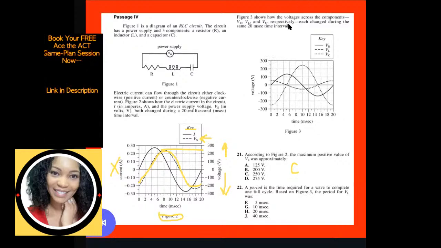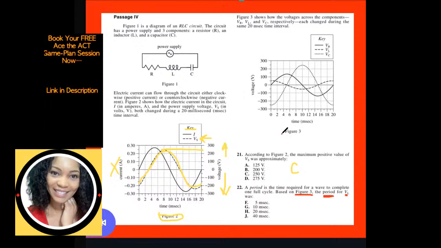So once again, they are directing you to a particular chart, not to a paragraph, but based on figure 3, the period for V sub L was which one of these? 5 milliseconds, 10 milliseconds, 20 milliseconds, or 40 milliseconds. So you want to refer to the figure and come up with the correct answer.